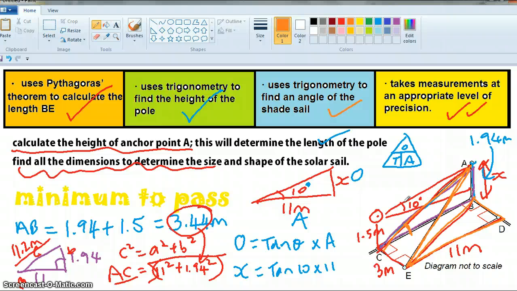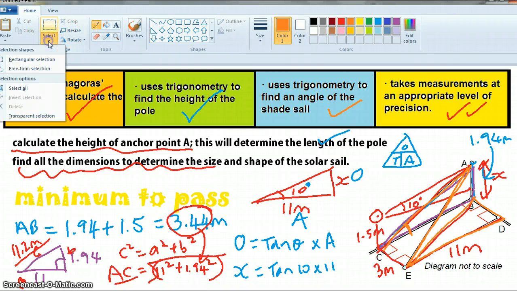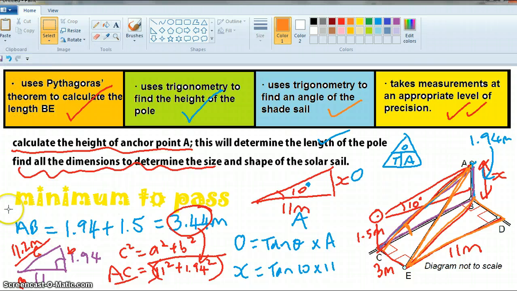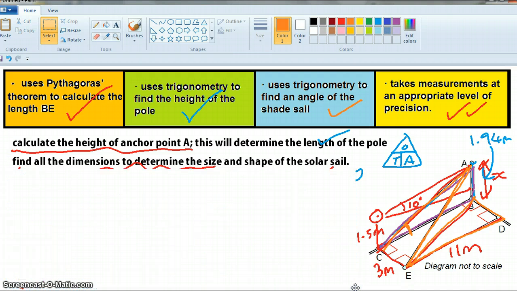Alrighty? So let's try that. Get rid of some of that so that we can actually do it. So we're going to find the angle that it's coming off the ground. So let's draw our thing.